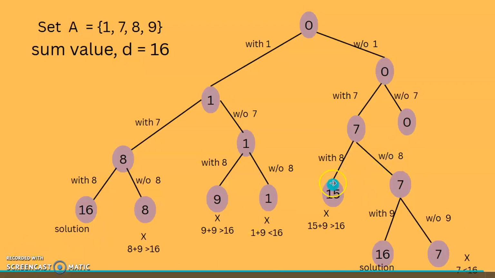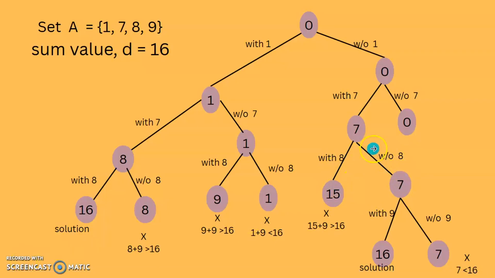We have explored both these paths in this left subtree. Now we have to backtrack, that means go back one step, and the path which is yet to be explored is this path. The sum value available here is 0. In this stage we have already considered first element, second element. So what is the next element to be considered?